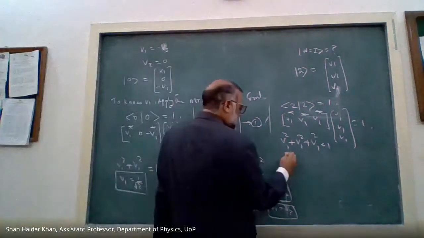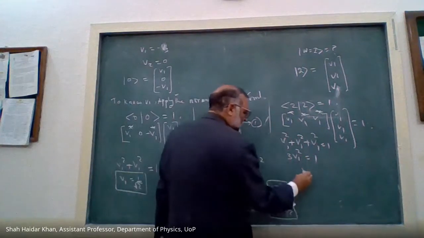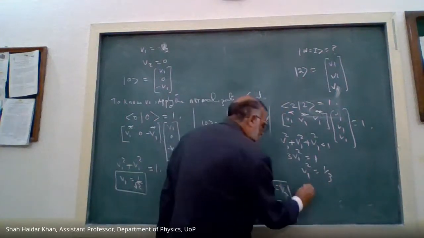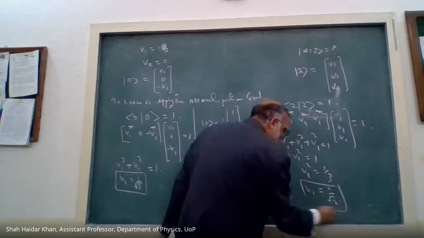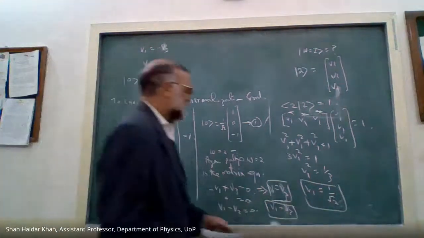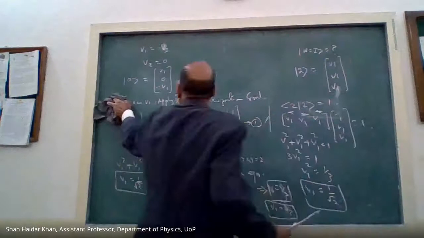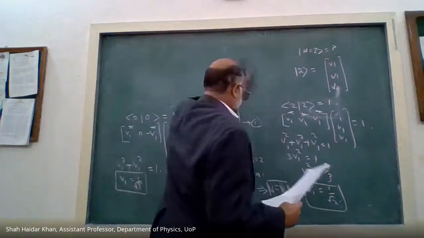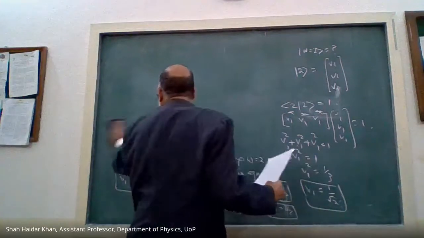So it will be 3 V1 square equal to 1. Our V1 square will be equal to 1 over 3. Our V1 will be equal to 1 over square root of 3. So what will be the vector for the degeneracy?